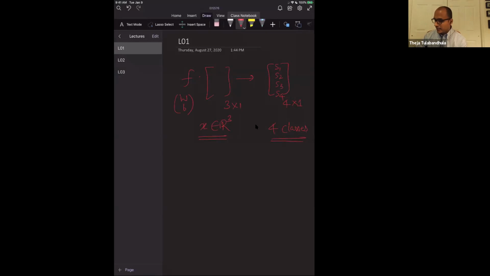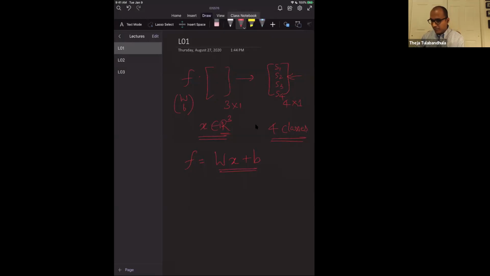And we saw that F was essentially equal to Wx plus b, right? And X could be any real number. Each coordinate could be any real number. So the scores need not necessarily be between 0 and 1. That's what I want to point out, and that's true because it's just a linear function.